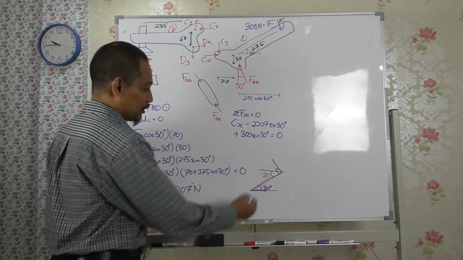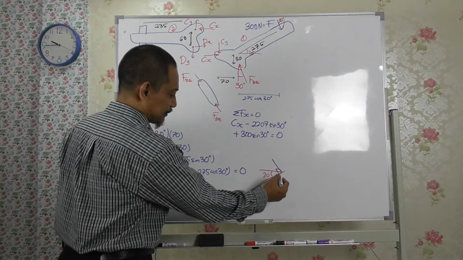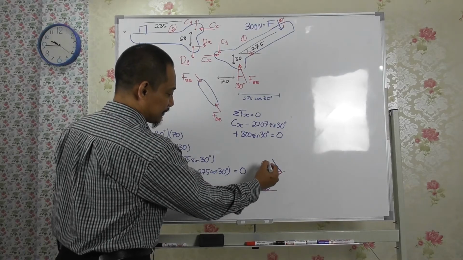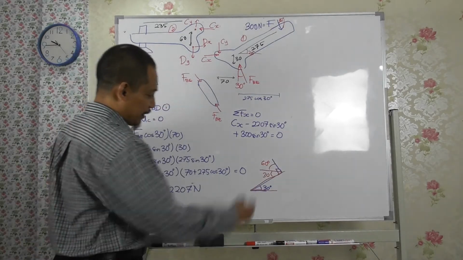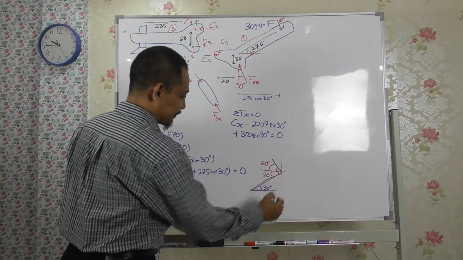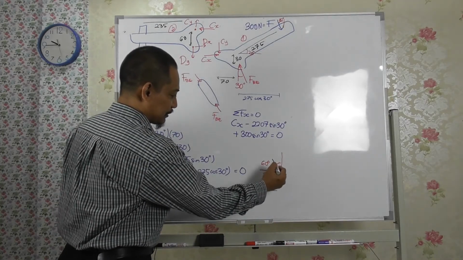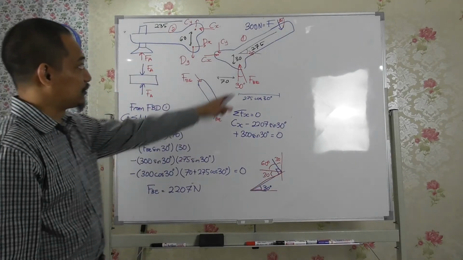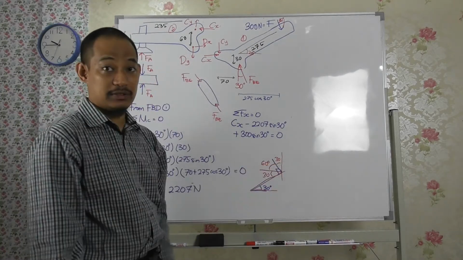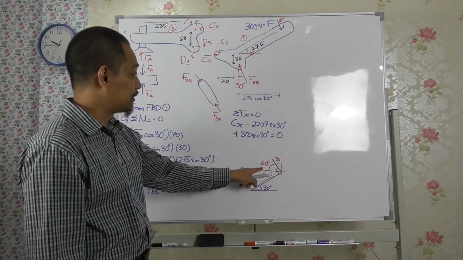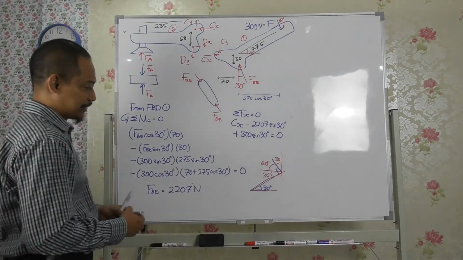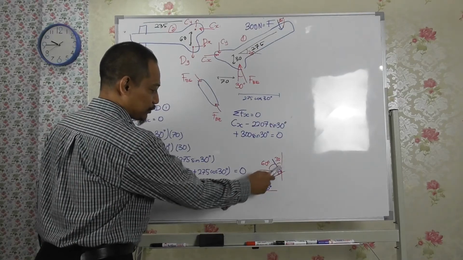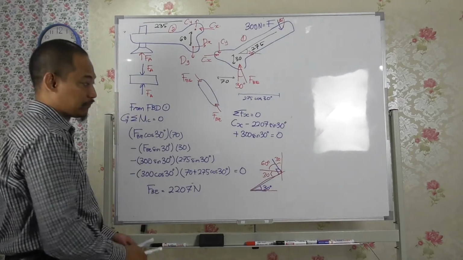Because this is 90 degrees, this must be 60 degrees, right? And if you have a perpendicular line here, of course this is 90, so this is 30 back, right? So if I draw the angle this way, it will be 30. If you draw it this way, it will be 60, right? So make sure you understand how to relate the angle here to the angle here.